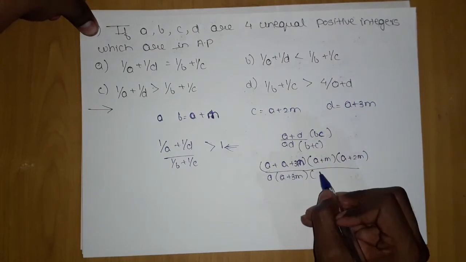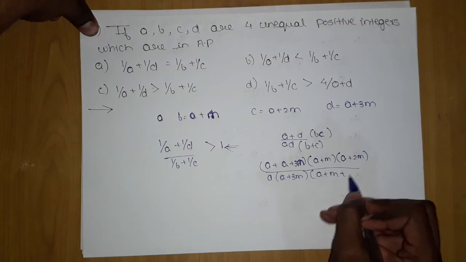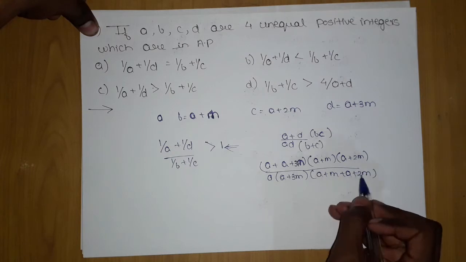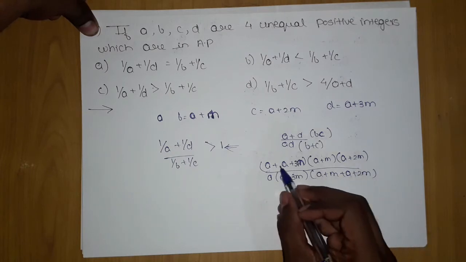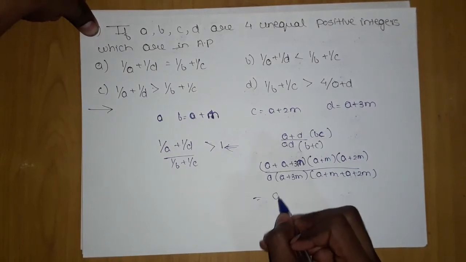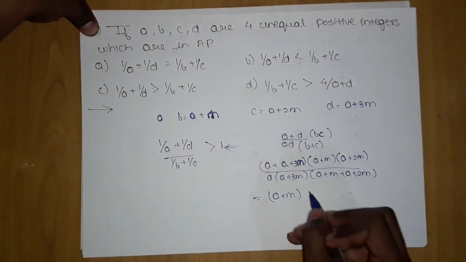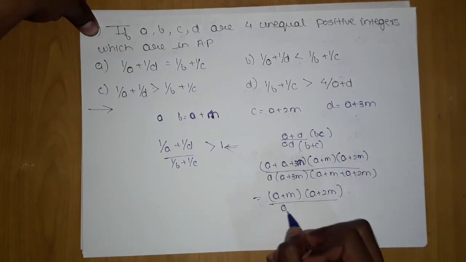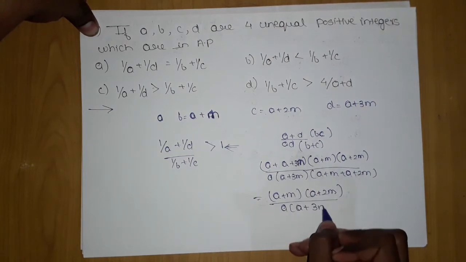Now if you see, 2a plus 3m in both, these two will cancel out, which leads me to (a plus m) into (a plus 2m) upon a into (a plus 3m).